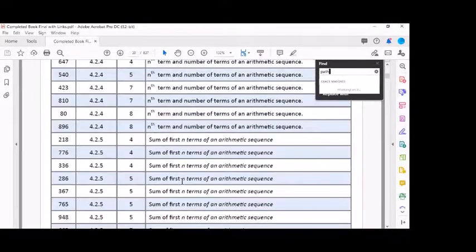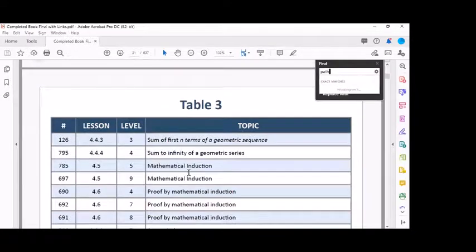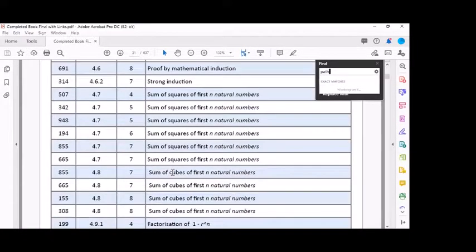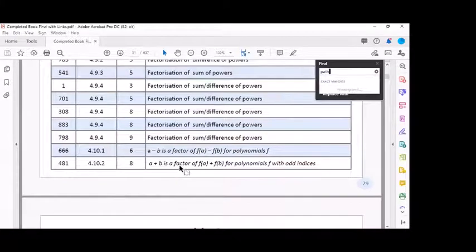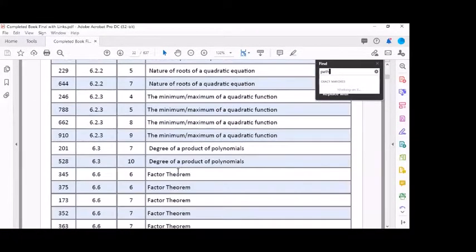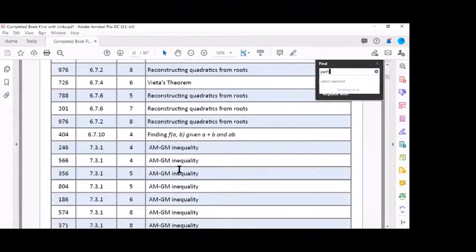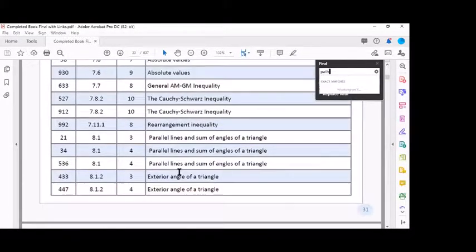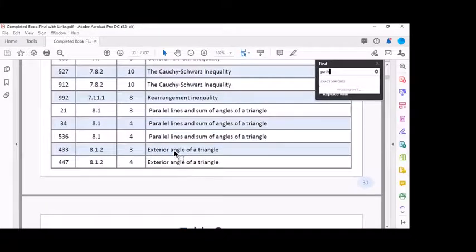Godfrey. Okay, if I take something like, for instance, now, if there was a problem on, let's say, exterior angle of a triangle, right?